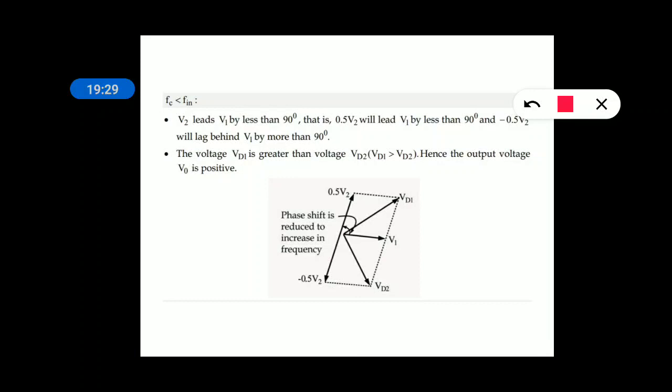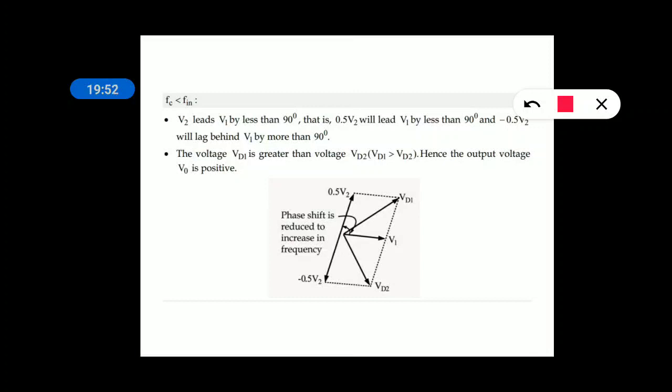When input frequency is higher than center frequency, V2 leads V1 by less than 90 degrees, that is, 0.5 V2 will lead V1 by less than 90 degrees. Initially the phase angle between V1 and 0.5 V2 is 90 degrees, whereas now it is less than 90, and minus 0.5 V2 will lag behind V1 by more than 90.